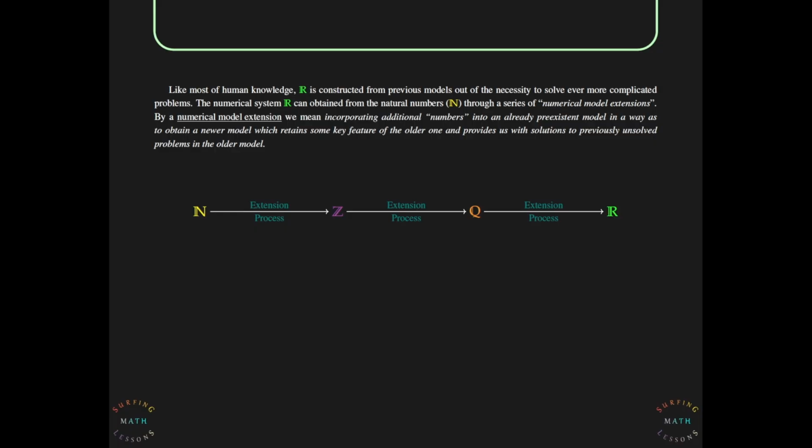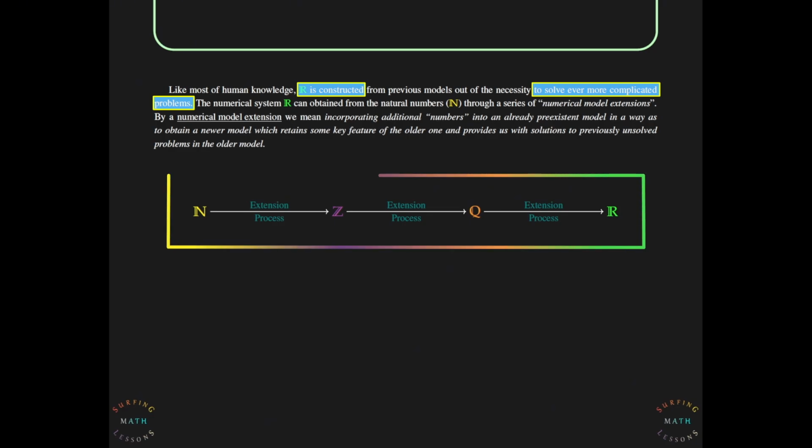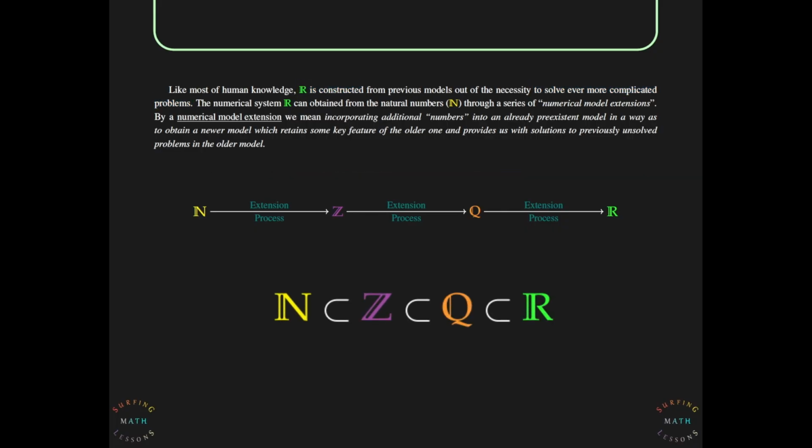Namely, that the real numbers is a well-built numerical model constructed in order to find solutions to many previously unsolved problems, and since it is obtained throughout the chain of numerical model extensions above, we have the following inclusion of sets. That is, the natural numbers is contained in the integers, which is contained in the fractions, and the fractions is contained in the reals.